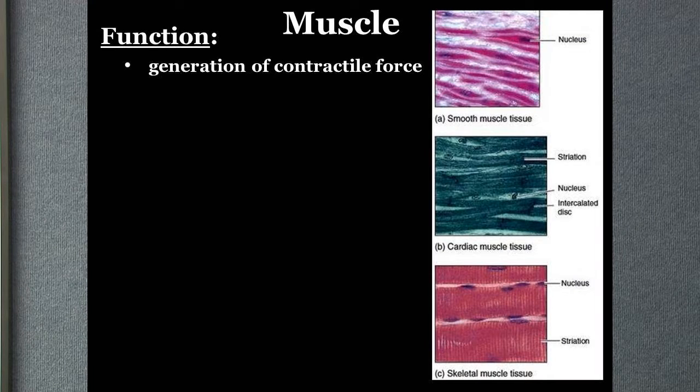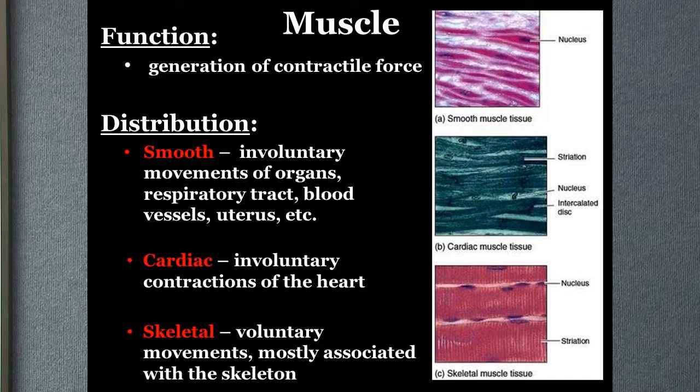And then we have muscle, and there's 3 types of muscle. We have smooth muscle, cardiac muscle in the heart, and skeletal muscle, and we'll have a chance to see these muscles. We'll start with smooth muscle, where we can see the nucleus in the center, and these are like cigar-shaped cells. Those are muscle cells.